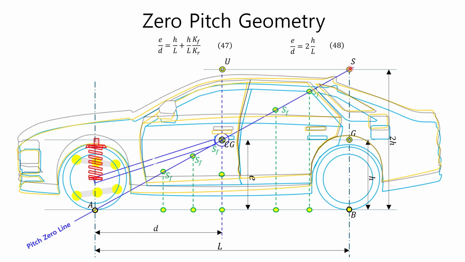The blue inclined line is the straight line connecting the front tire contact point A and point S. If a virtual reaction point, SF, exists on the inclined straight line between points A and S, then according to the property of triangle similarity, the ratio of 2H to L always has the same value as the ratio of E to D, thus satisfying equation 48. Therefore, if the virtual reaction point, SF, of the front suspension exists anywhere on the blue straight line shown here, the vehicle can maintain a zero pitch angle attitude during braking.